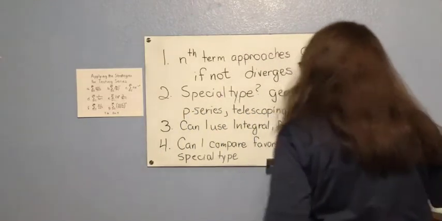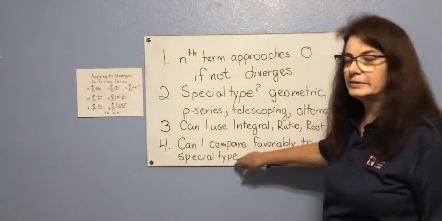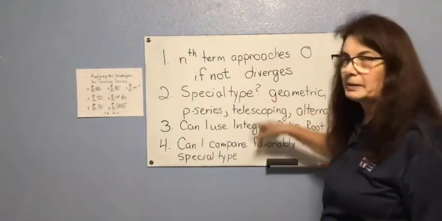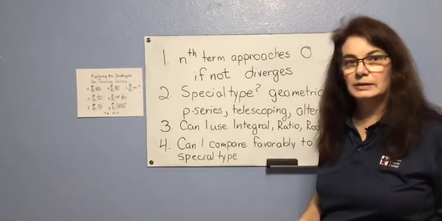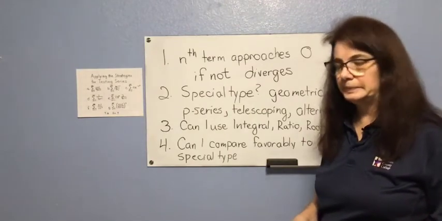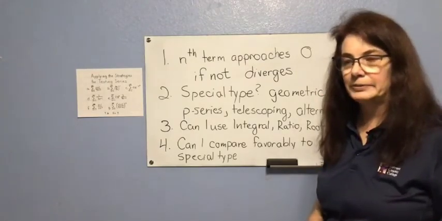So basically, can I kind of simplify my series until it looks like one of these special types, and then know from what the special type does, what's my series going to do? Okay, so we've got several examples that we're going to work through.